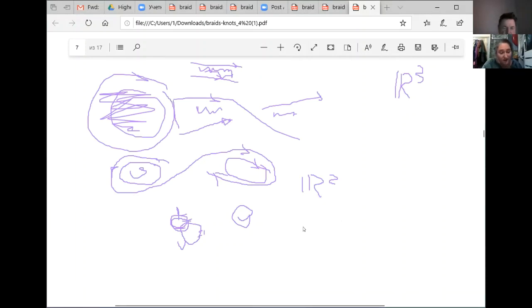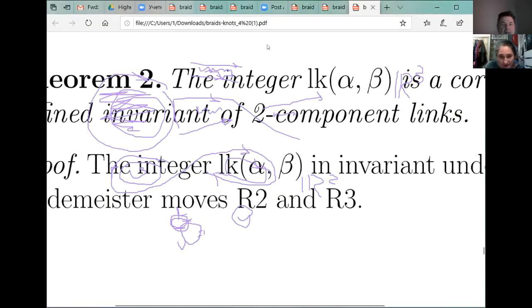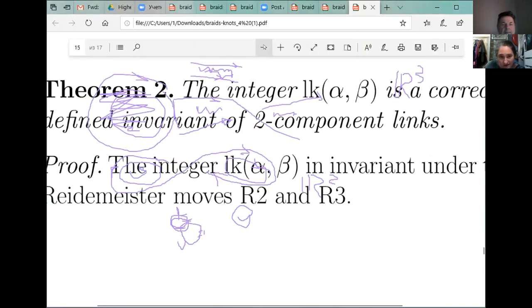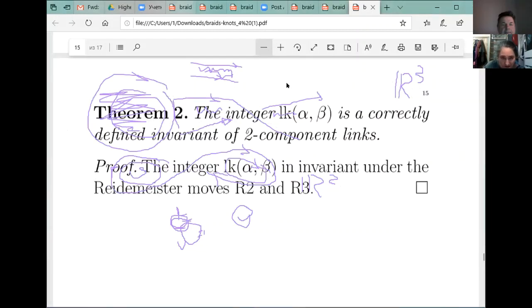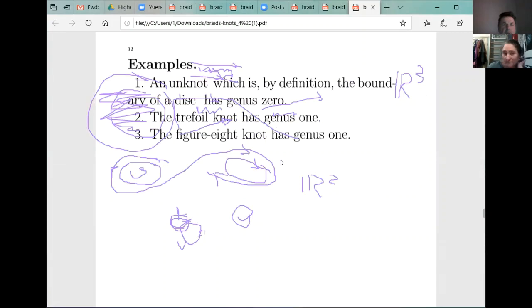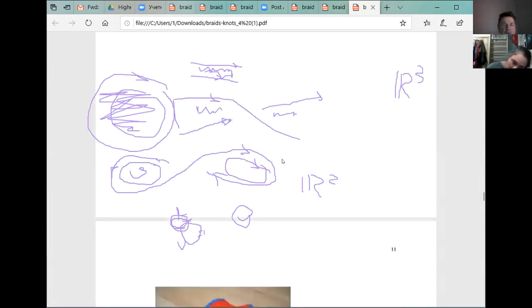I explained it so many times that maybe I got it by myself. Where is the theorem? Right.